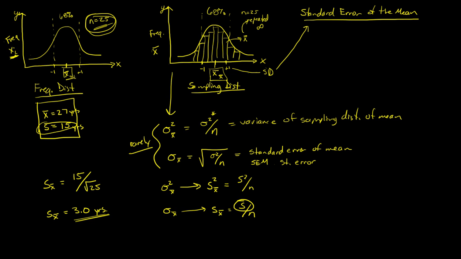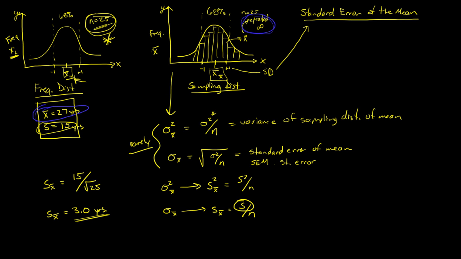Basically what this is saying is, if a random sample of n equals 25 observations was drawn from a population, which is what we did right up here, and the mean was computed, which was 27 years, and then we repeated it an infinite number of times, that is this scenario over here.